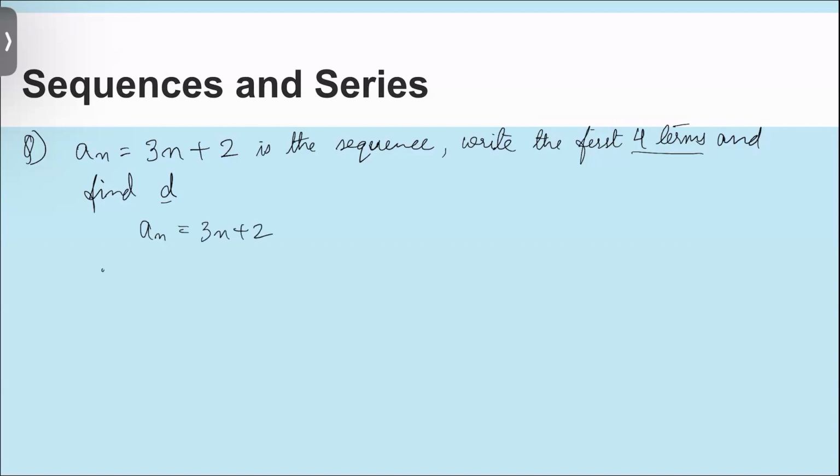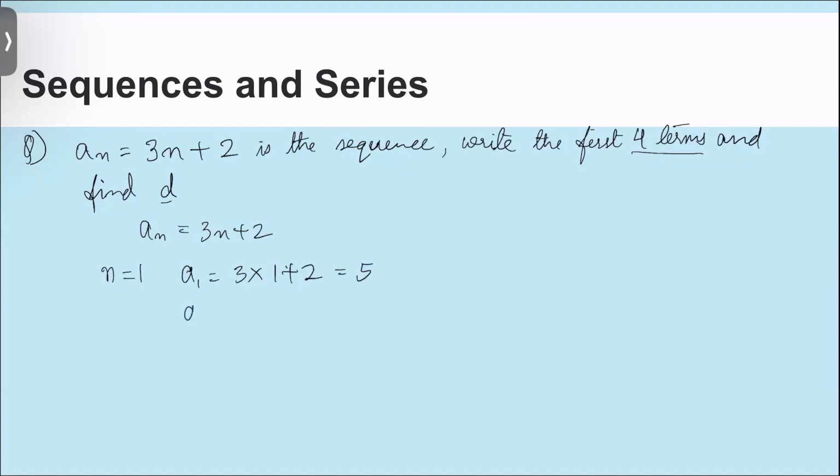Let's start with n being 1. The first term is where n is equal to 1, so a1 is equal to 3 into 1 plus 2, which is 5.